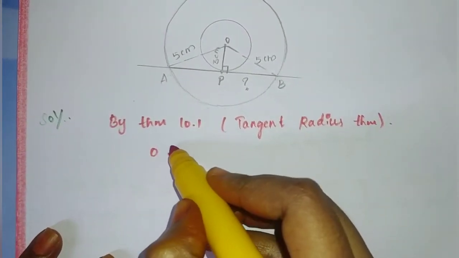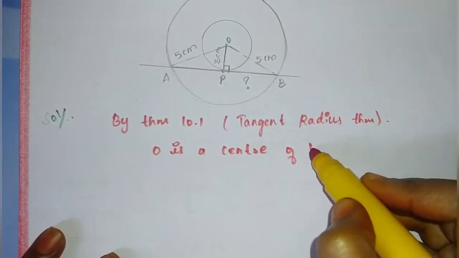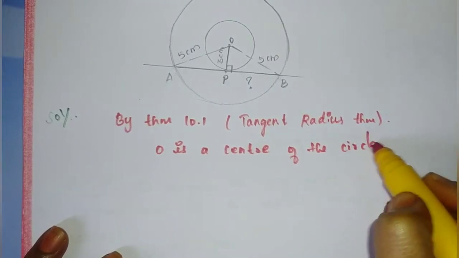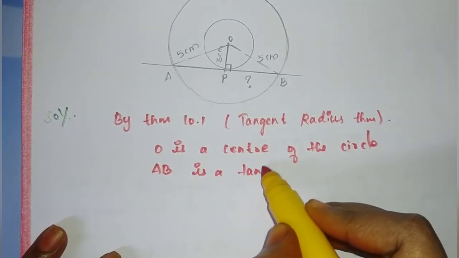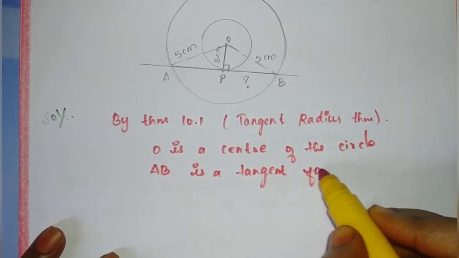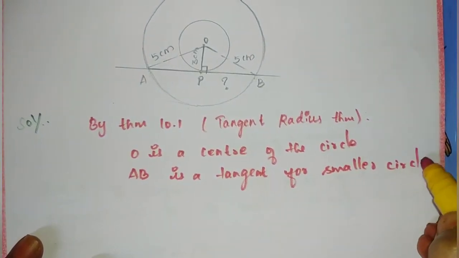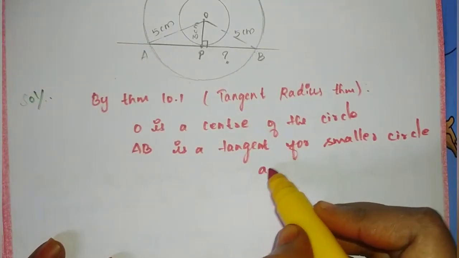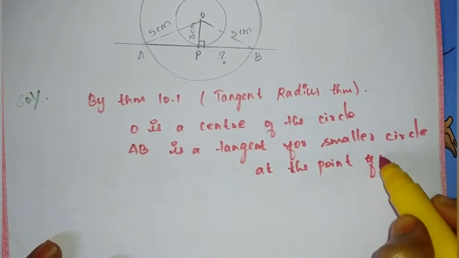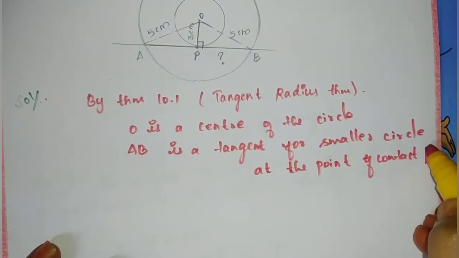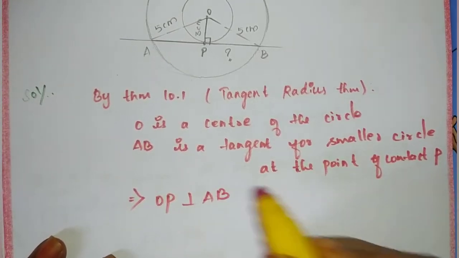O is the center of the circle, AB is a tangent for the smaller circle at the point of contact P. So we can tell that OP is perpendicular to AB.